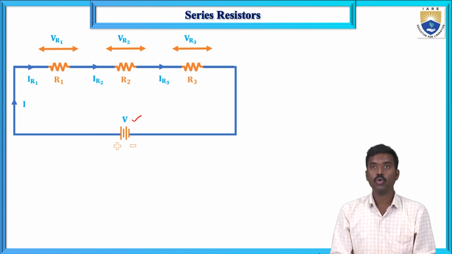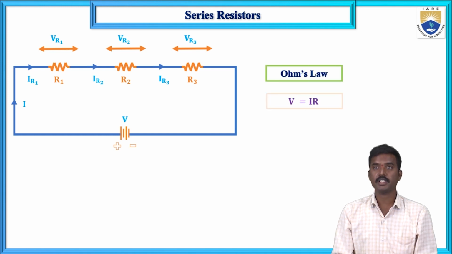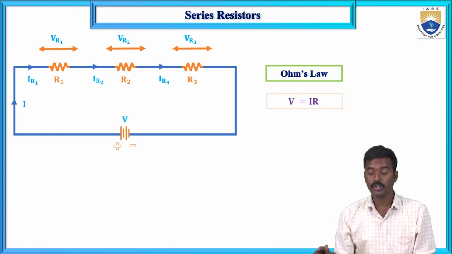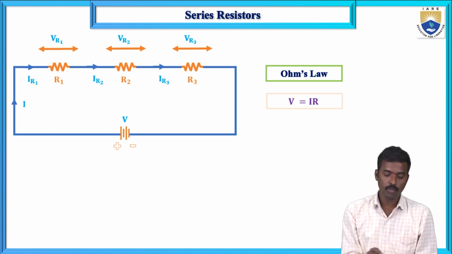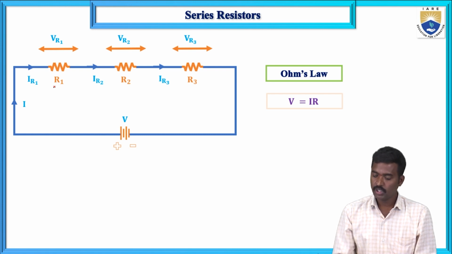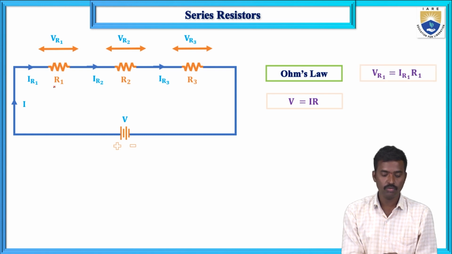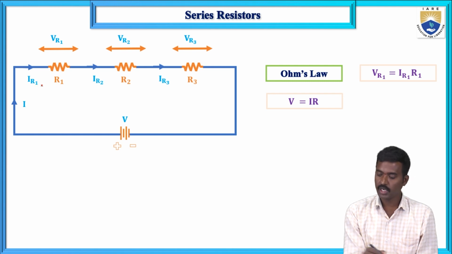Here we know Ohm's law: the voltage across any element is directly proportional to the current, so V is equal to IR. If we apply Ohm's law to resistance R1, VR1 equals IR1 into R1.